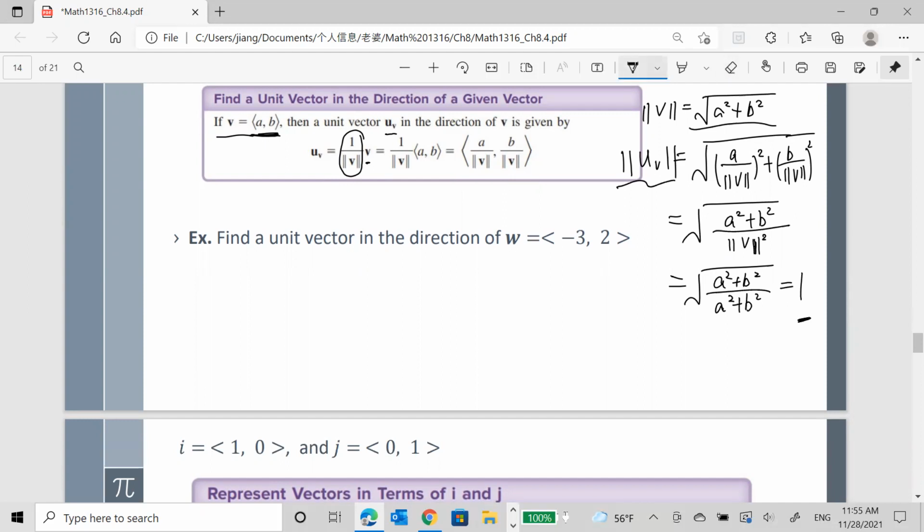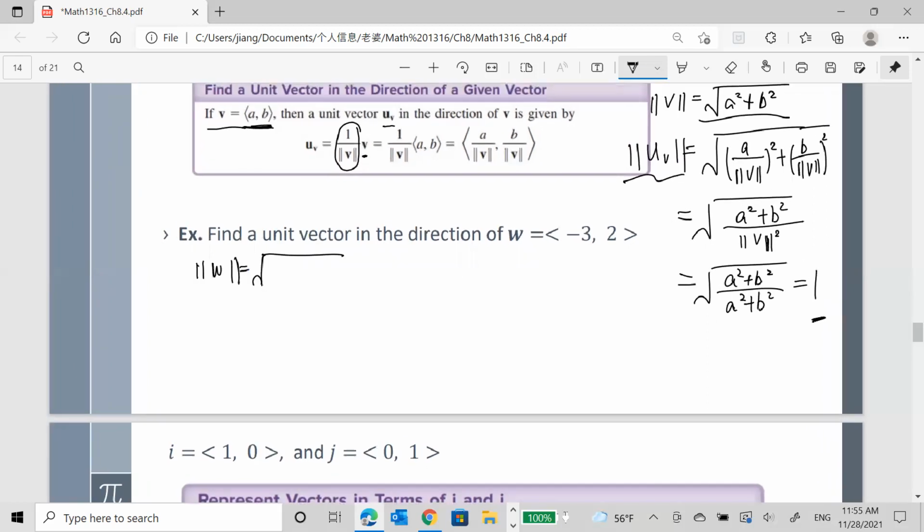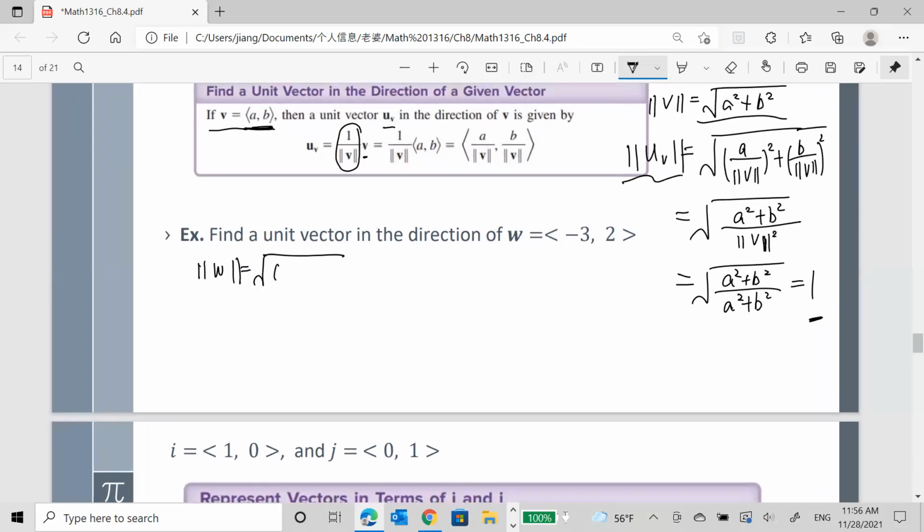Okay, let's see. Find the unit vector in the direction of W equals -3, 2. So first step is to find the magnitude of W. The magnitude of W equals square root of a squared plus b squared, which is -3 squared plus 2 squared. That's square root of 9 plus 4. That's square root of 13.